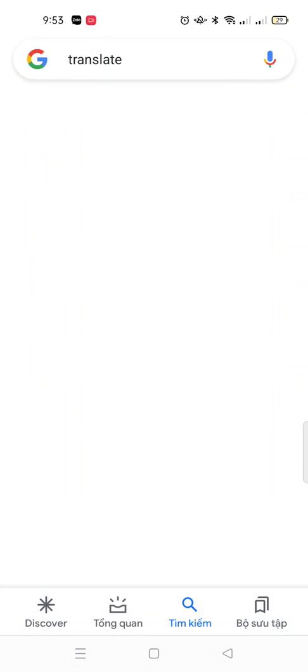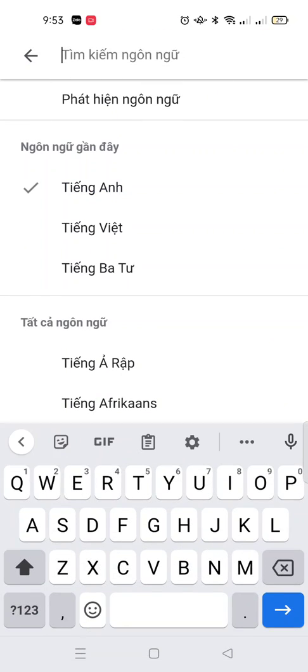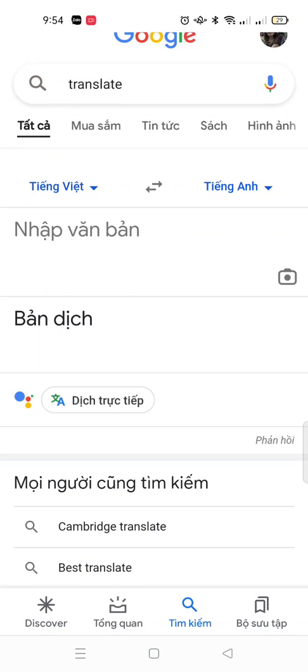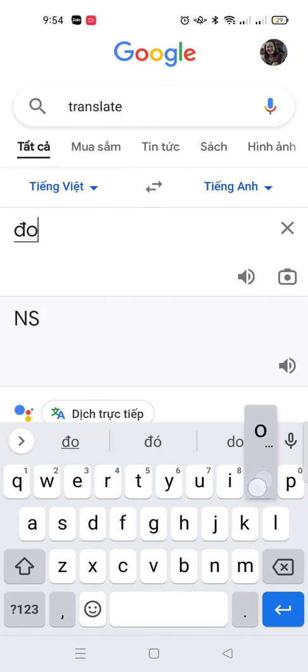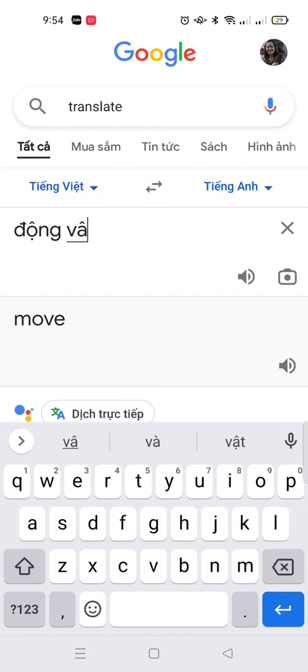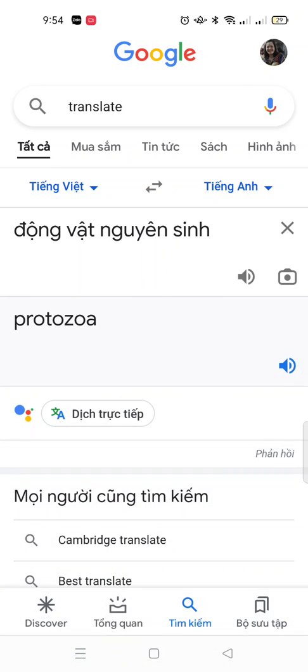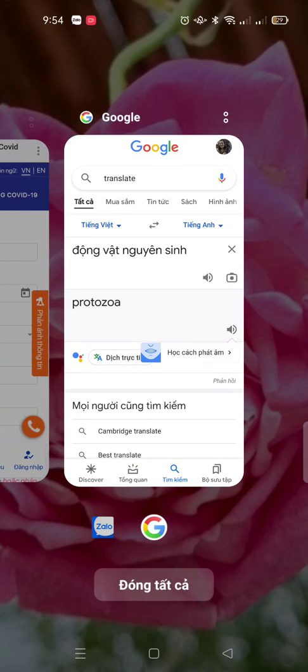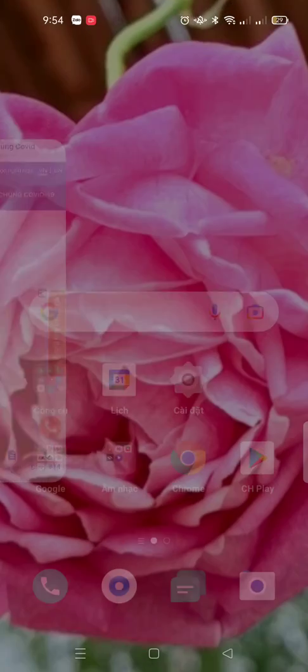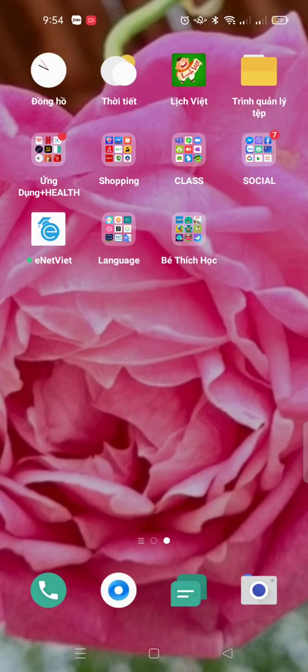Now I'm in grade 7. Protozoa, like the corona, has only one cell. That's why I said to learn biology. Okay, let's continue reading.